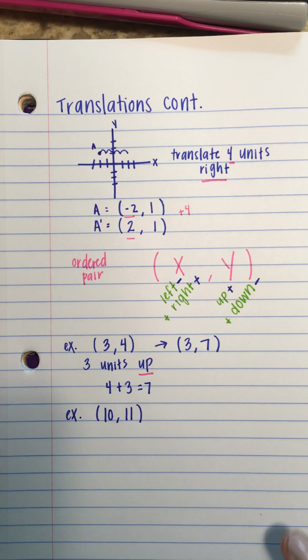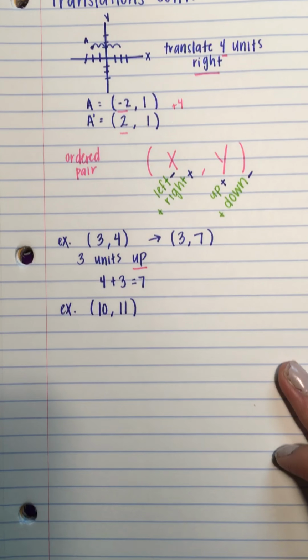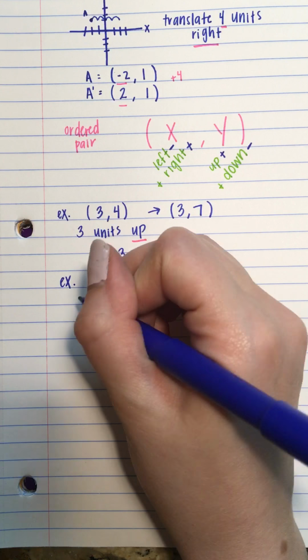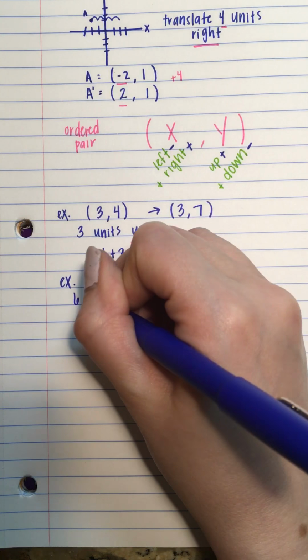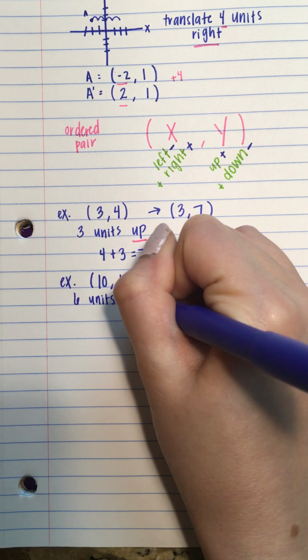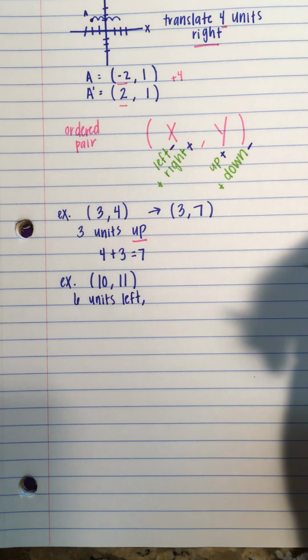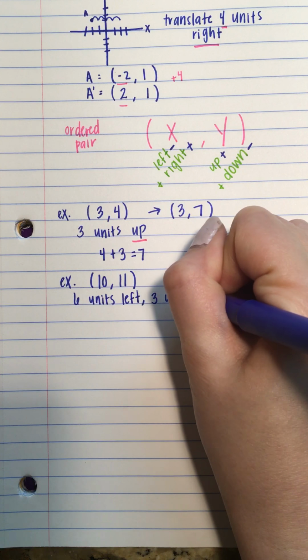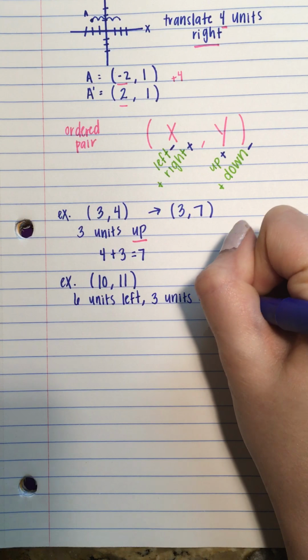Maybe we have the ordered pair 10, 11. And let's do two translations here. How about 6 units left, 3 units down.